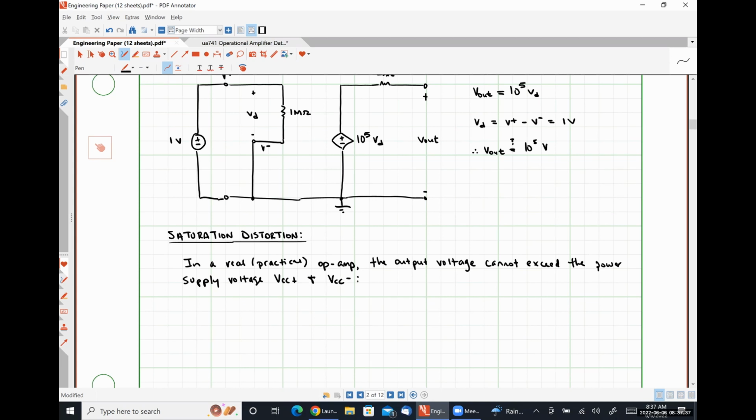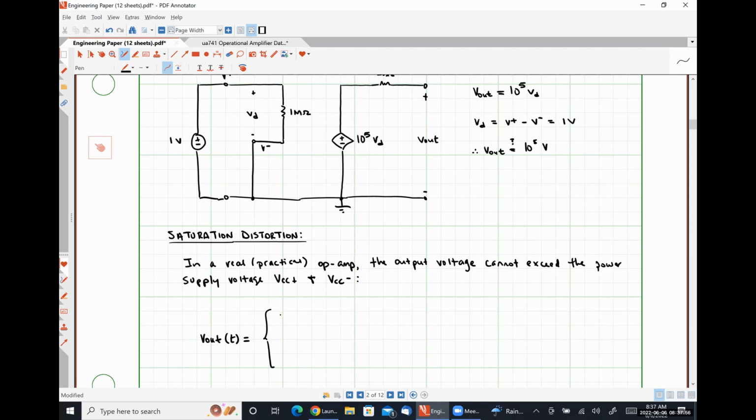Or mathematically, we can define the output voltage for this particular configuration to be something like this.